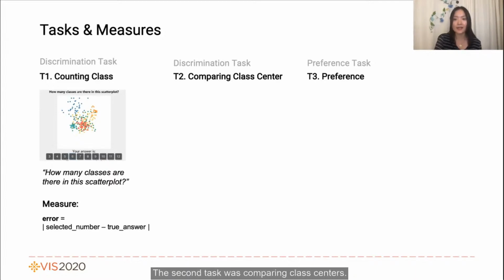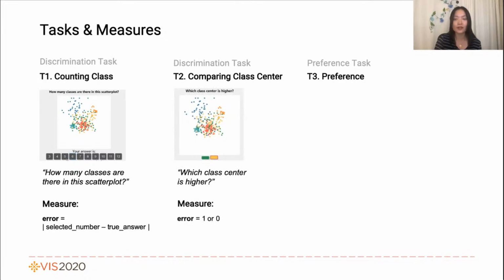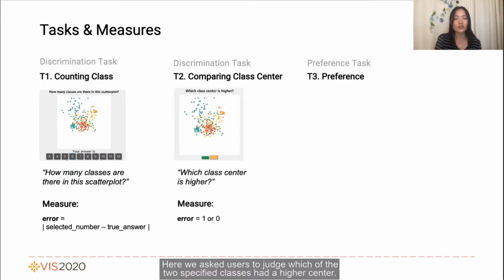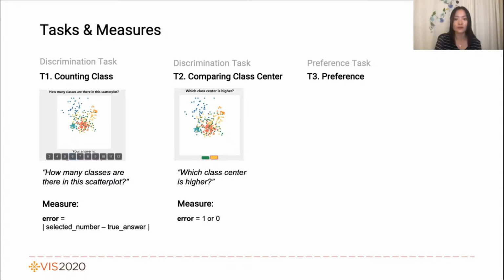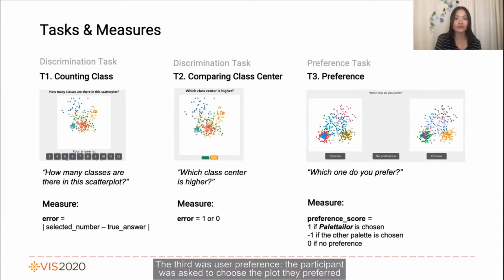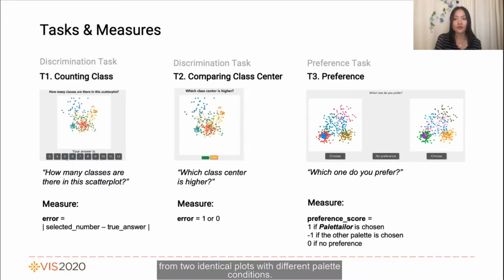The second task is comparing class centers. Here we ask the users to judge which of the 2 specified classes had a higher center. The third one was user preference. The participant was asked to choose the plot they preferred from 2 identical plots with different palette conditions.